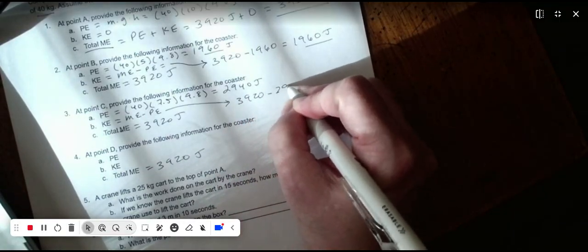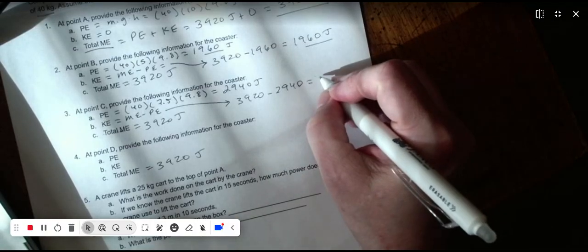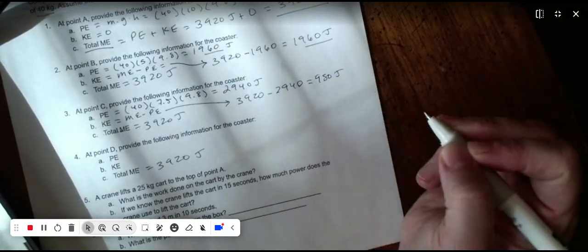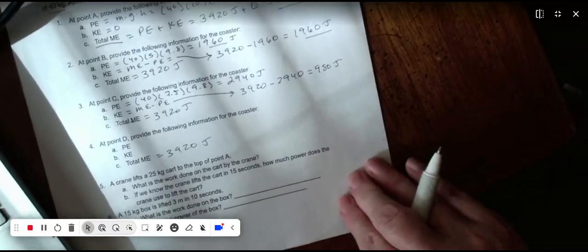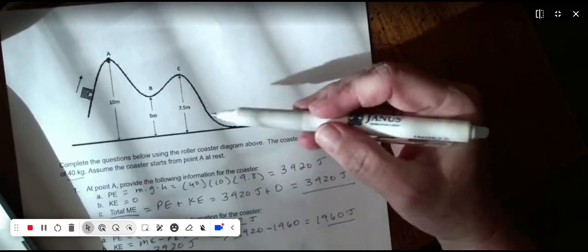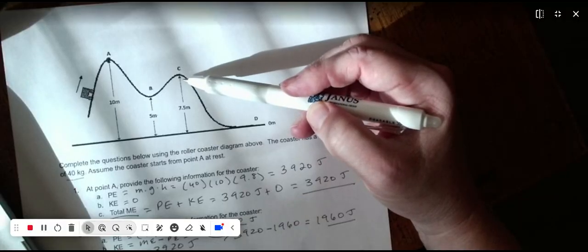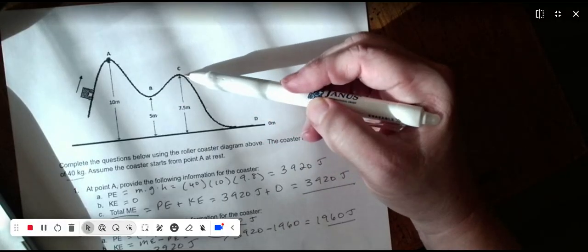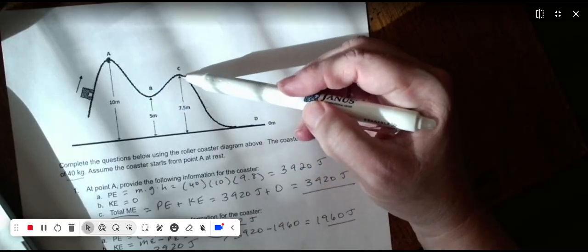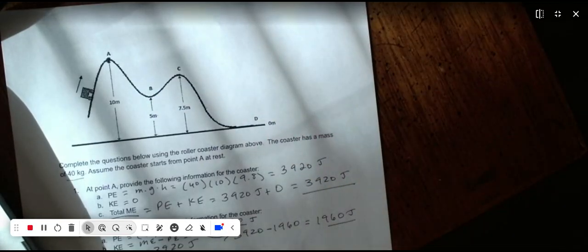Again, kinetic I'm going to get the same way, mechanical minus potential, so 3920 minus 2940 gives me 980 joules at that point of kinetic energy. So now some of that kinetic I had here has gone back to potential because I'm at a greater height on point C than I was point B, but I'm still moving, so I still have kinetic energy.